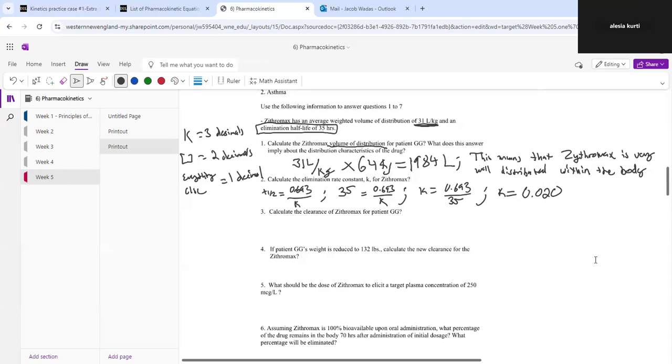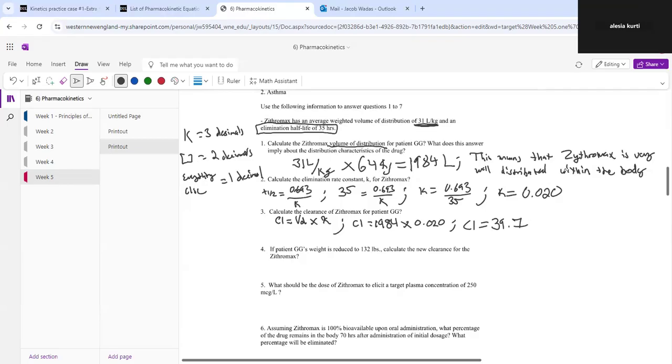In order to calculate clearance, you have VD and K from the last 2 questions, so you're going to use VD times K. What was the volume of distribution? What was K? Perfect. What did you get for your final answer? 39.7?